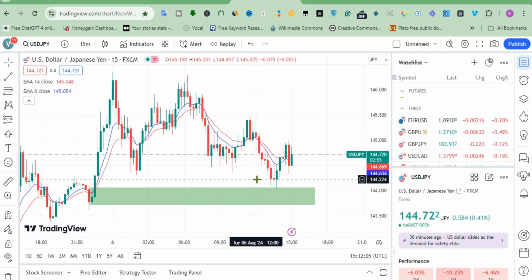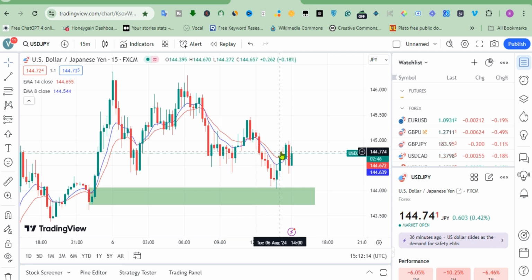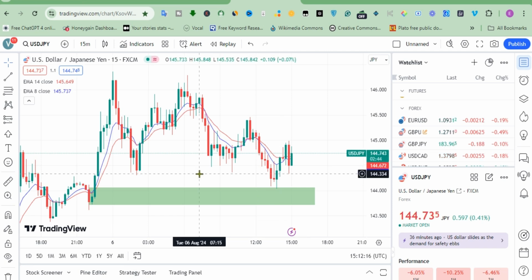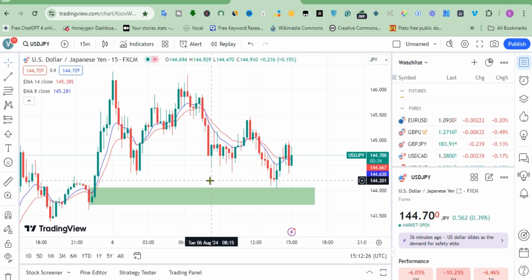That is if your broker is connected to TradingView. If not, just use it to analyze, and after analyzing, you go to your own broker and take your trade over there. Whatever you arrive at here, you place it on your broker's chart. Okay, that is that.